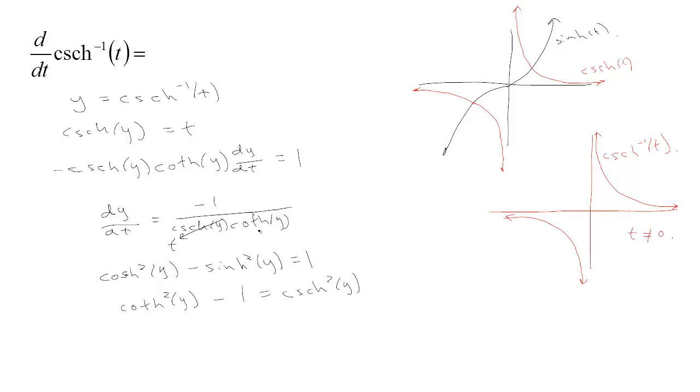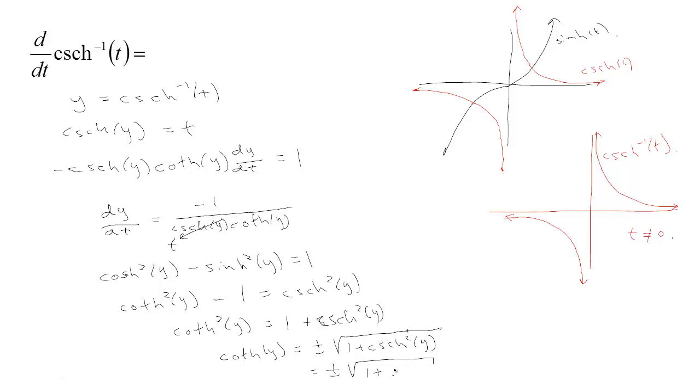Now we want to figure out what's the cotangent of y, and we know what the cosecant of y is, so let's solve this for cotangent. Cotangent squared y is 1 plus the cosecant squared y. So the cotangent of y should be plus or minus the square root of 1 plus the cosecant squared of y, and we know the cosecant is t, so we have plus or minus the square root of 1 plus t squared here for our derivative.